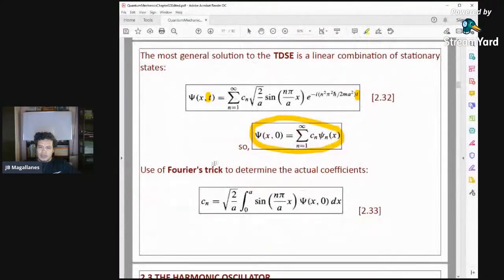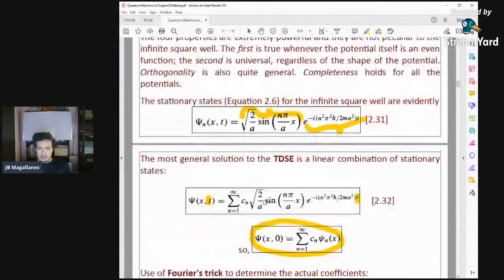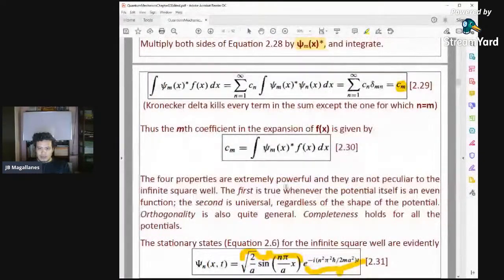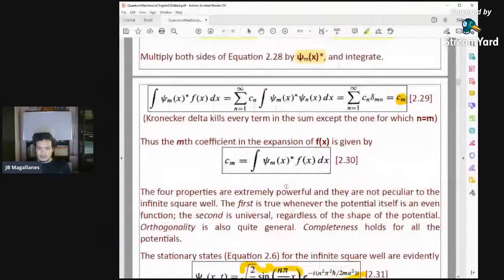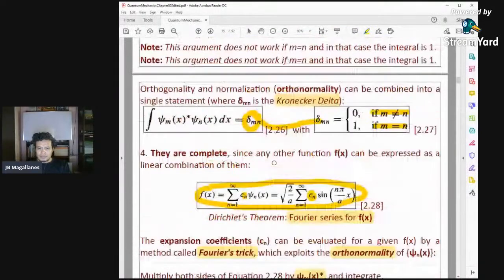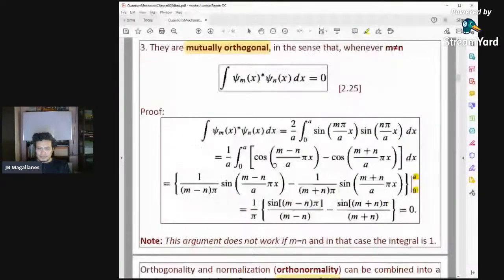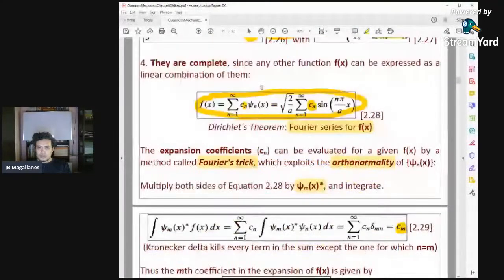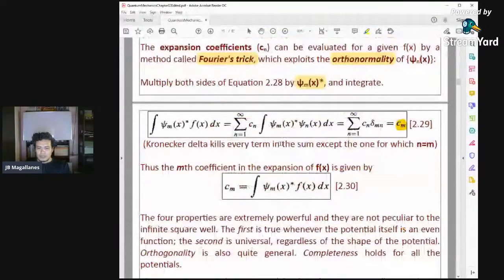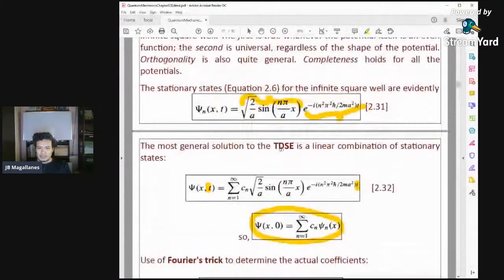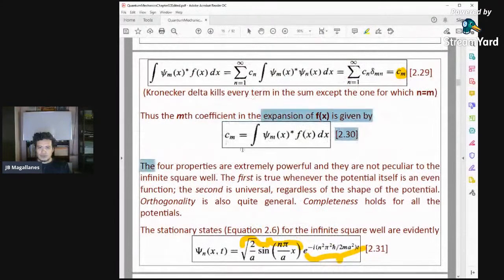And to be able to determine the actual coefficients, Cn would just be, you can use the formula here to arrive at this formula.